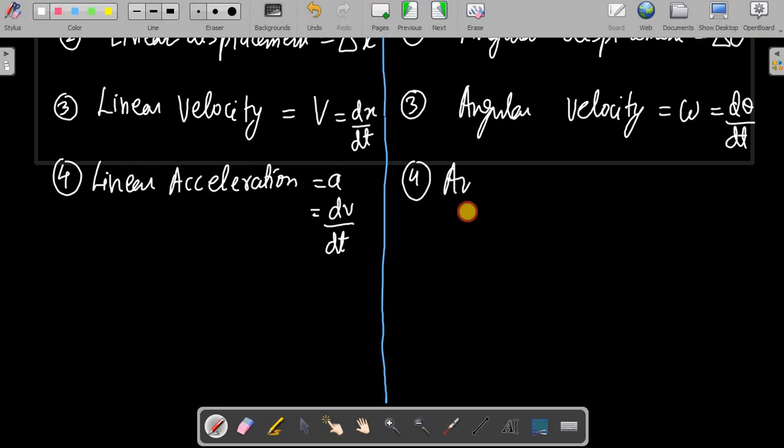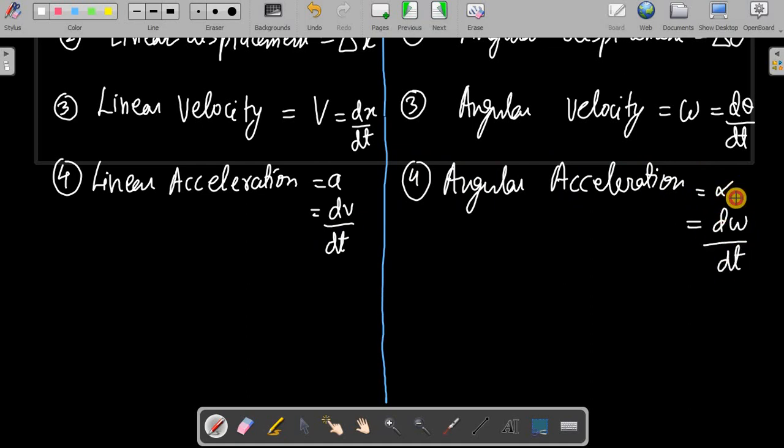Here angular acceleration, which is alpha, which is d omega by dt, right? Then next, all these point by point analogies I am writing so that you can understand.